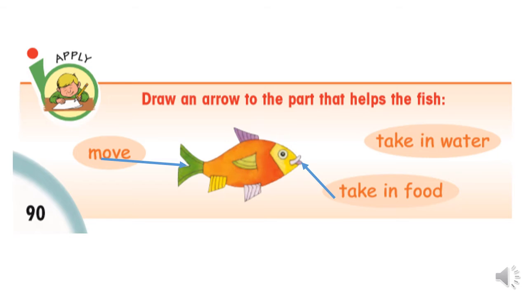So which part is used for breathing? Can you remember? Is it a mouth? Is it a nose? Or a gill? Excellent, the gill. So the fish uses the gills in order to breathe.